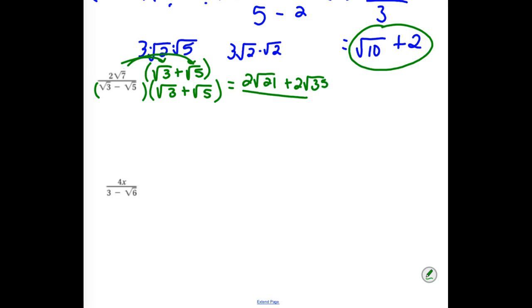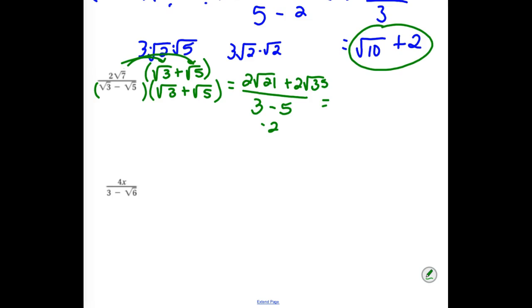And for the denominator, foiling that out, remember the insides and outsides will drop out. What is root 3 times root 3? 3. Negative root 5 times positive root 5. All right, so denominator turns into a negative 2. Can we do some reducing?